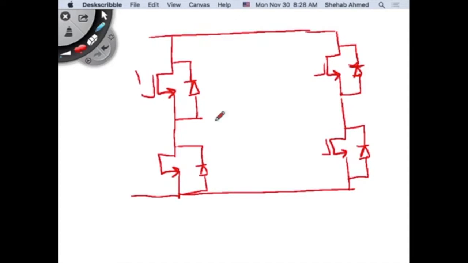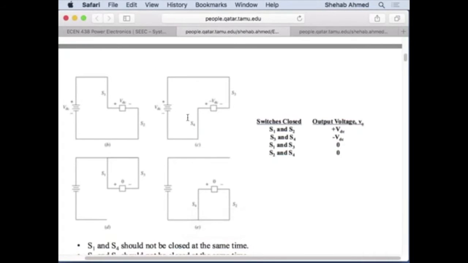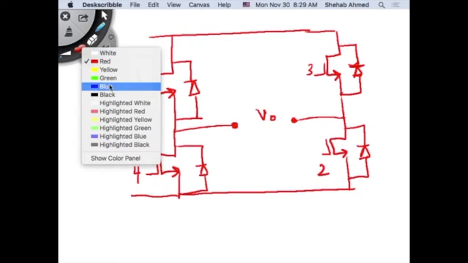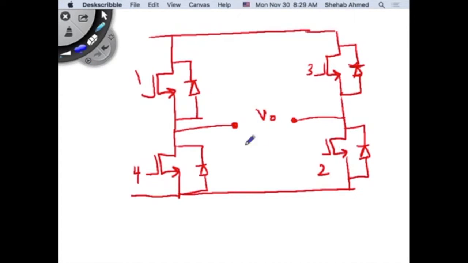I think they call this 1 and then this 2. Sorry, my numbering was a bit off. 1, 2, then top one is 3, and then this is 4. And this is V output. When 1 and 2 are on, current is flowing, and this is your DC source, VDC.